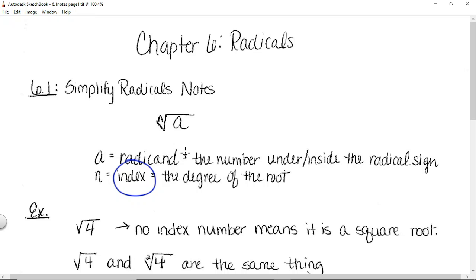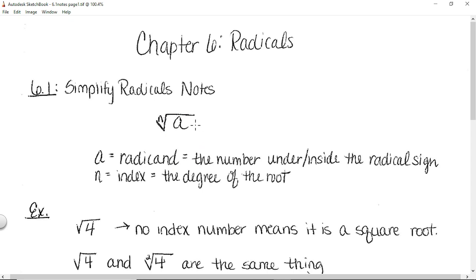Oftentimes it's 2, and we call that the square root, but it can be any number 1, 2, 3, and so on. Okay? The radicand is the number inside the radical sign. So that's the a.